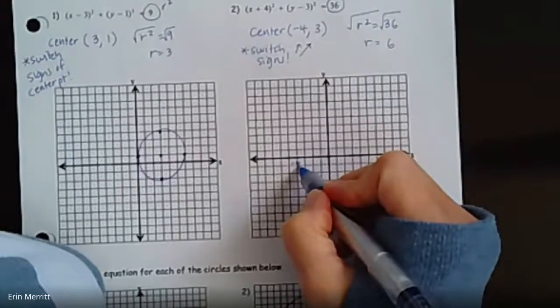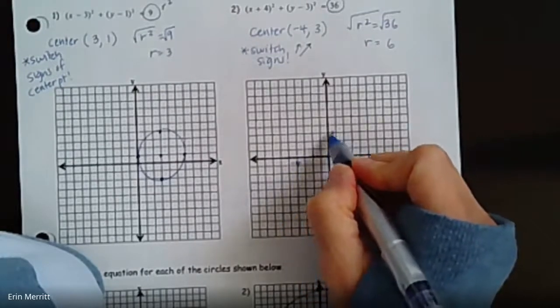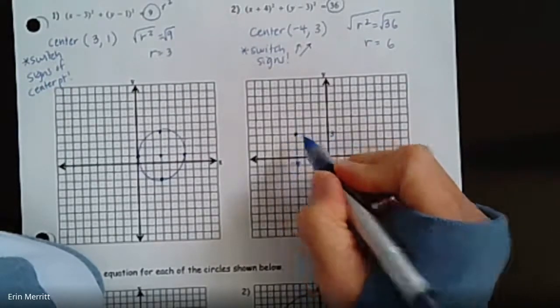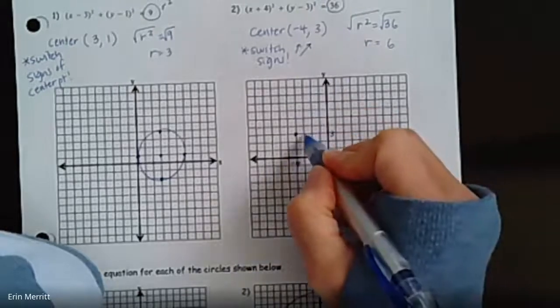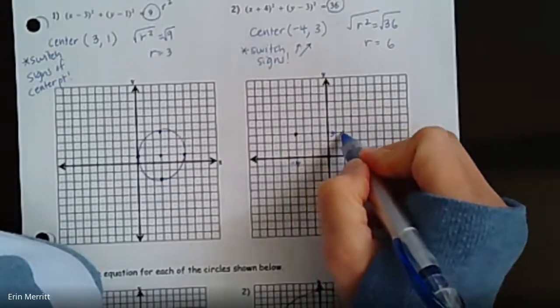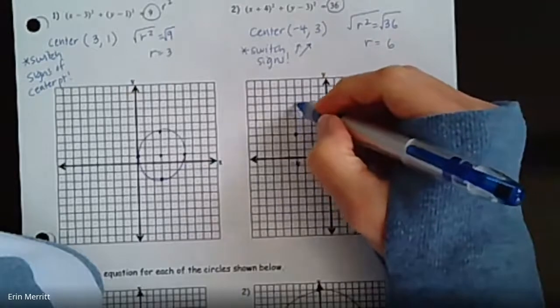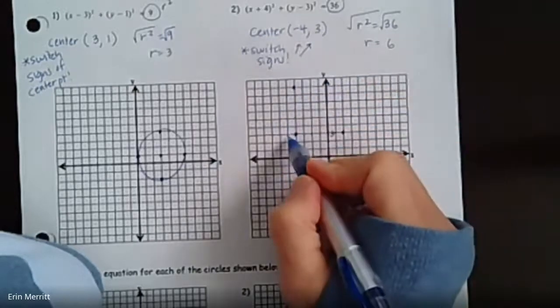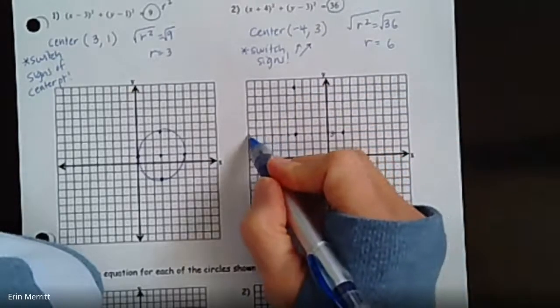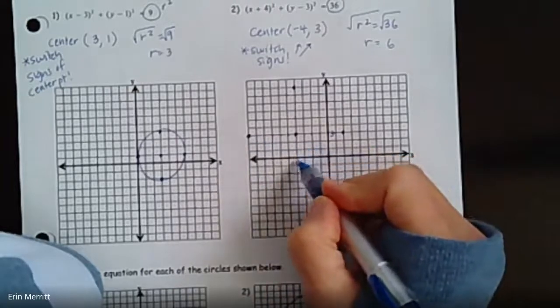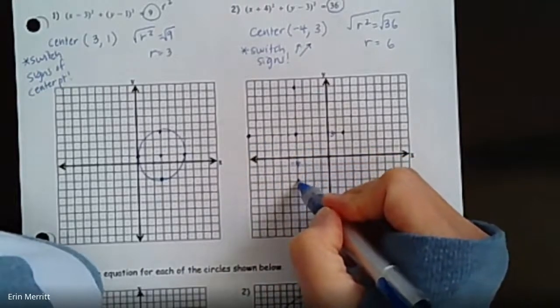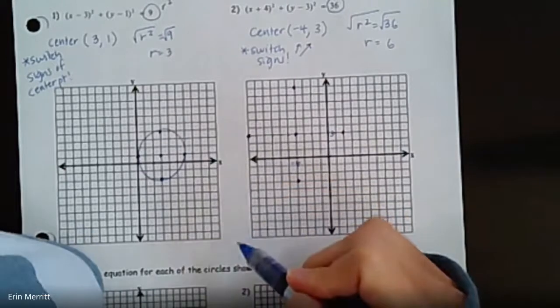So there's -4 up 1, 2, 3. All right, there's my center point. And now go to the right 6. Go up 6. Go left 6. And go down 6.